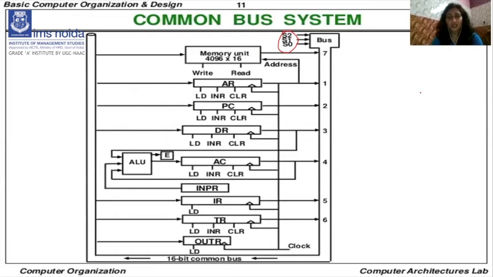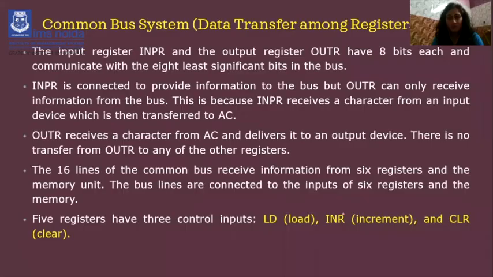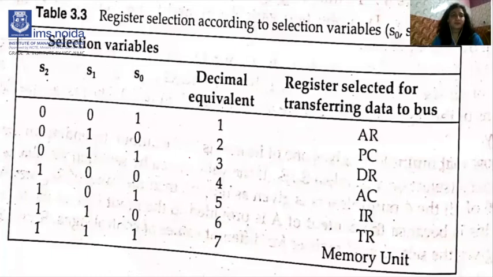The selection line, as you can see, the address register is connected at location 1, the program counter at 2, data register at 3, and so on, memory at 7, right? From 1 to 7, we have given particular selection line values. These are the selection line values, right? So we will move to the diagram here. What this diagram says is which register will be selected for transferring data to the bus.